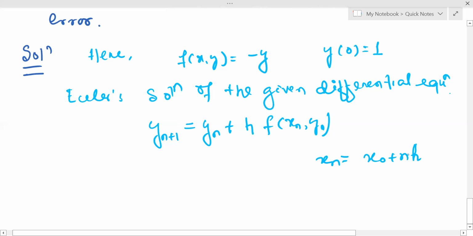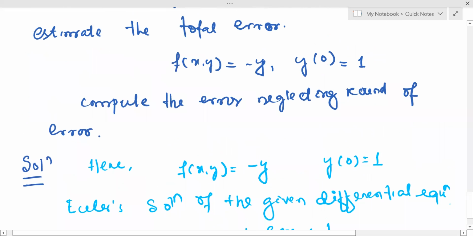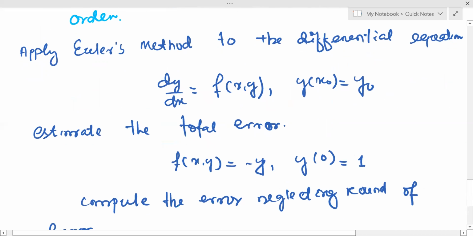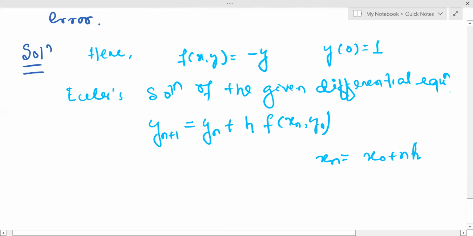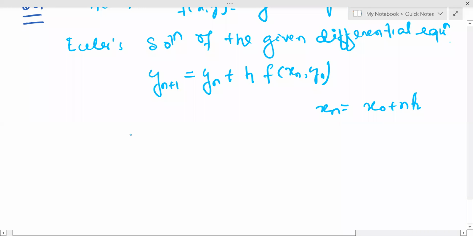In yn plus 1, I have written f of x, y, which means the derivative part of the given function, y dash, dy by dx. So yn plus 1 is equal to yn plus h into yn dash, we can represent.